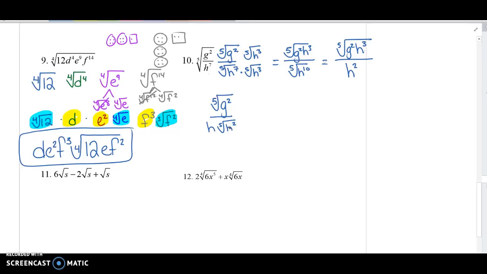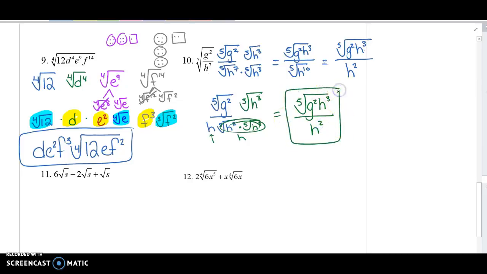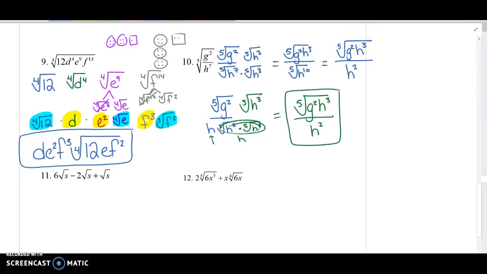Now, problem, I have a radical left on the bottom, so I'm going to multiply by the 5th root of h to the 3rd to complete my group of 5 on the bottom. And now on the top, we have the 5th root of g squared h to the 3rd. On the bottom, we have the original h, and this creates another h, so we have h squared. It doesn't matter which method you use to get to your answer, either rationalizing first or rationalizing at the end.